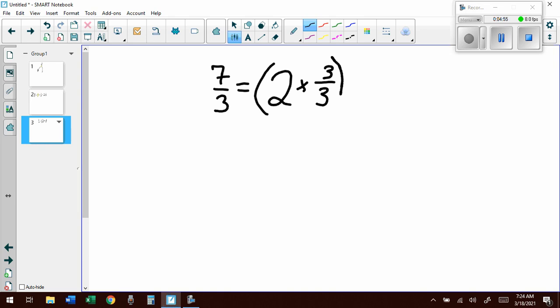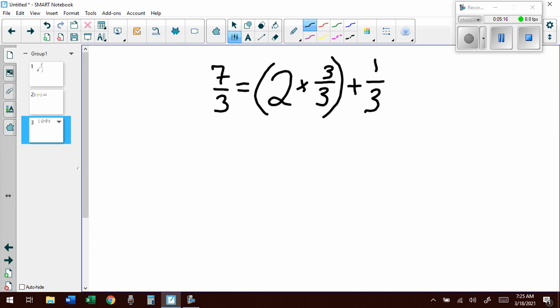Or we can get 3/3 2 times. That's our first step. When we get 3/3 2 times, we would have 1 left over. On the outside here, we would have 1/3 left over.